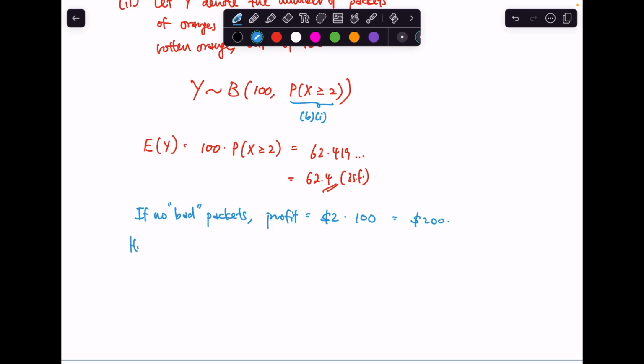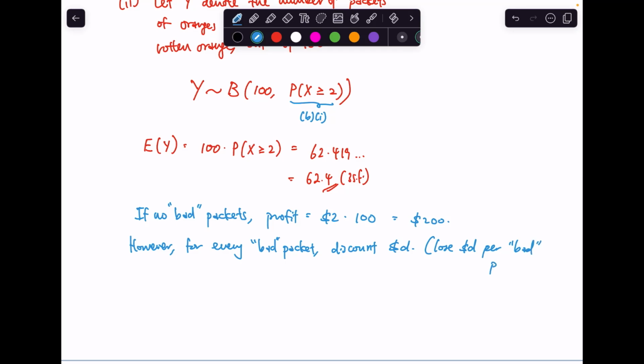However, for every bad packet, we discount D dollars. Basically, we lose D dollars per bad packet.